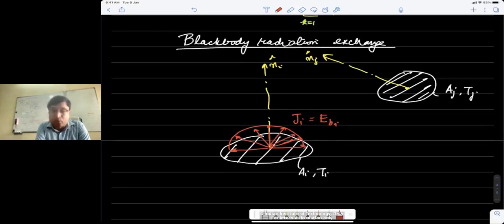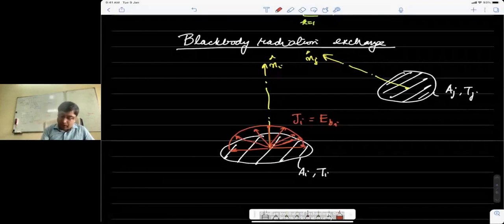So EBI will be the total radiation given out by this black body. That's because this surface is a black body, so it will emit in the maximum amount, and whatever radiation is incident, it will absorb. It will not reflect. And that is the reason why we are looking at black body radiation exchange in the first place, because there is no reflection from surfaces, which complicates the problem a little bit.